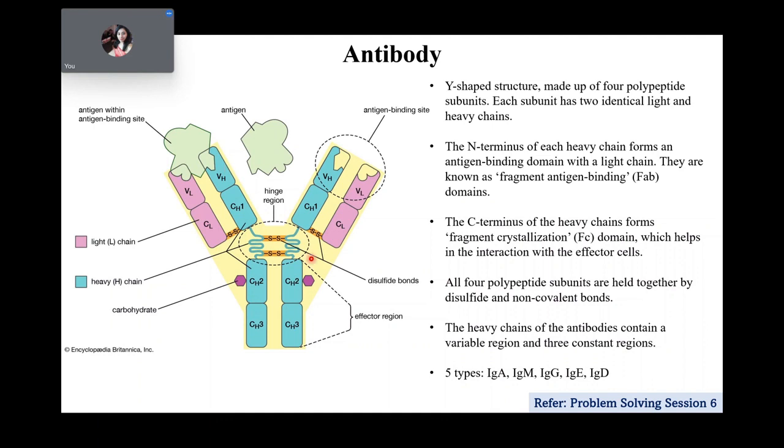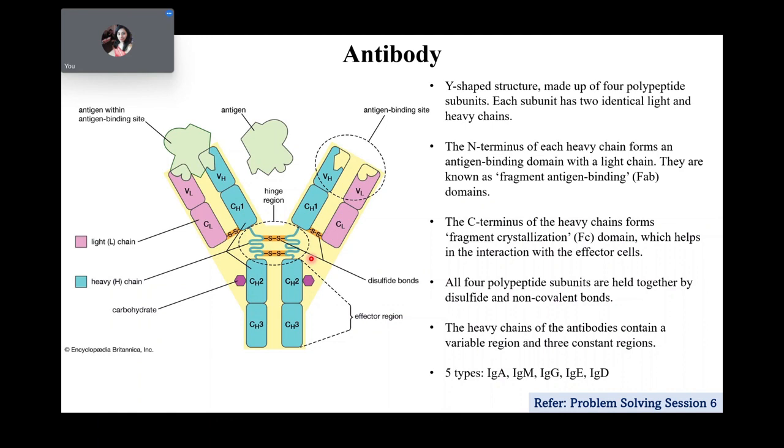Similarly, here you have the C terminus, which is called the FC, the fragment crystallizable domain. What they do is interact with the effector cells. So if the antigen binds there and these bind to the effector cells, they are able to induce the apoptosis of the antigen or the phagocytosis of the antigen.